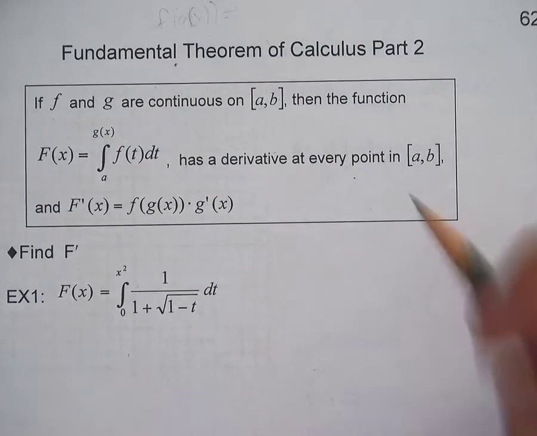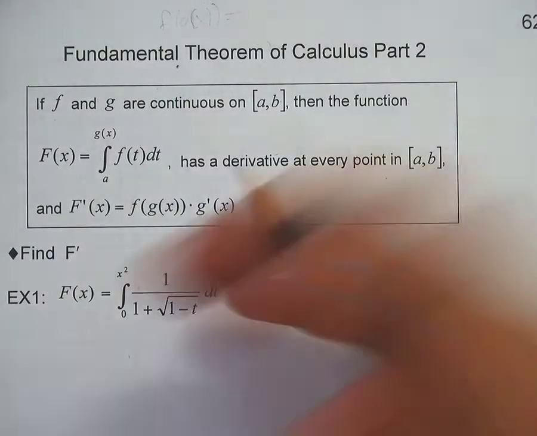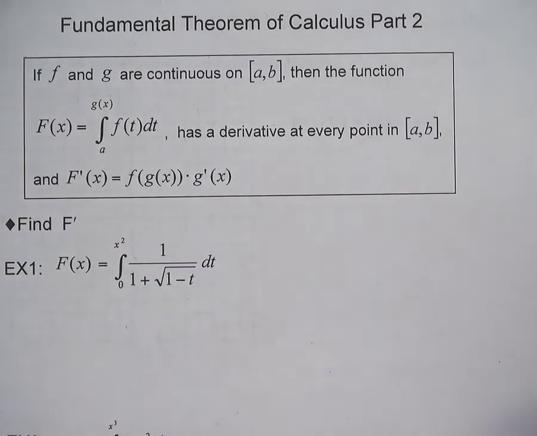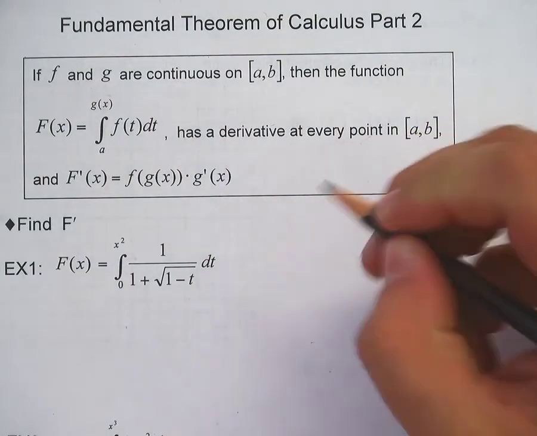Now here's a point that I want to drive home really quickly. We're going to call this fundamental theorem of calculus part 2, so number 2, and that's this right here.